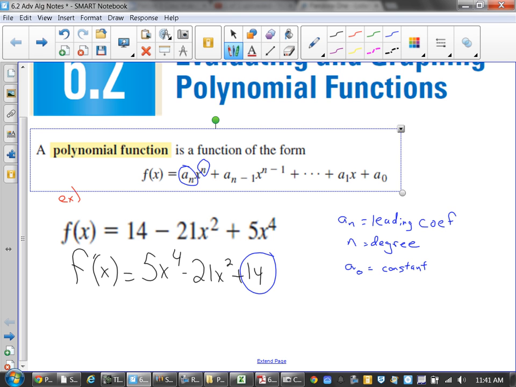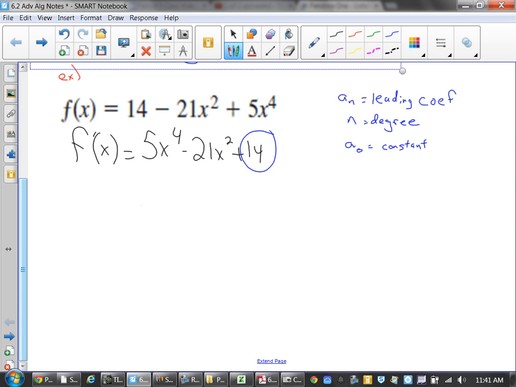Because when you're talking about slope-intercept form, if I just have y equals 2x minus 3, when I wanted to work with the y-intercept, that's when x equaled 0, correct? So if x equaled 0, your y value was negative 3. So that became your y-intercept. It works the exact same way with polynomials. If x is equal to 0, your y-intercept will be your constant. Does that make sense?